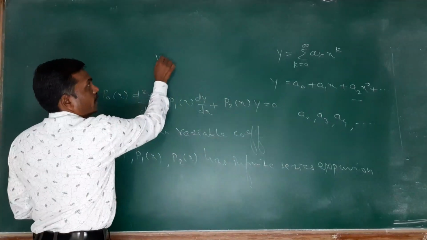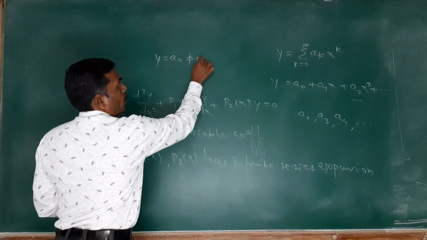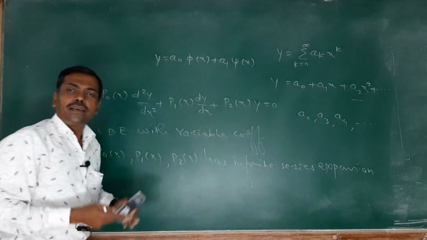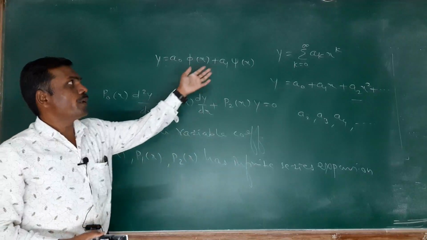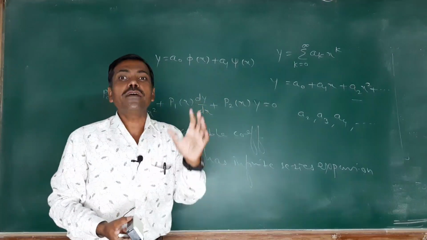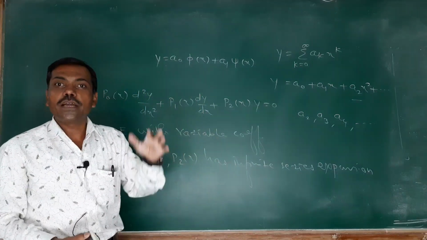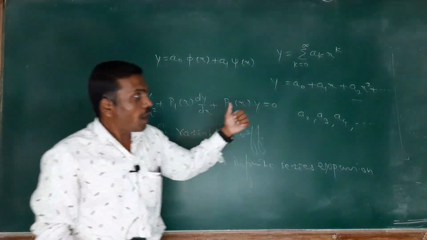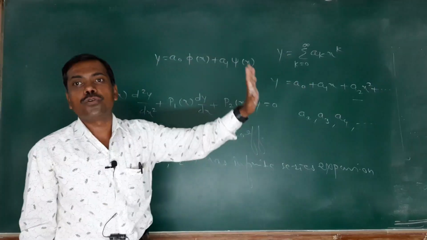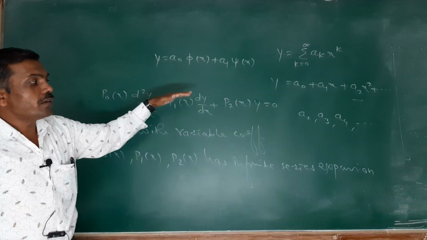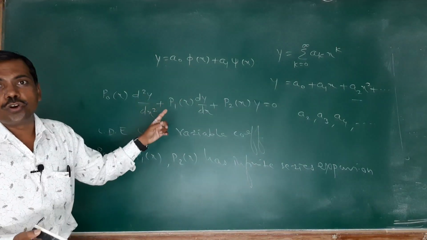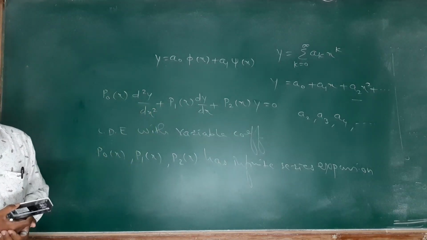So my final answer is a0 into phi of x plus a1 into psi of x. Just a notation I use here, phi of x and psi of x. Phi of x and psi of x are series in terms of x, that is power series, but in them I know the values of a3, a4, a5 and so on. So this is our basic concept related to the series solution of linear differential equation.